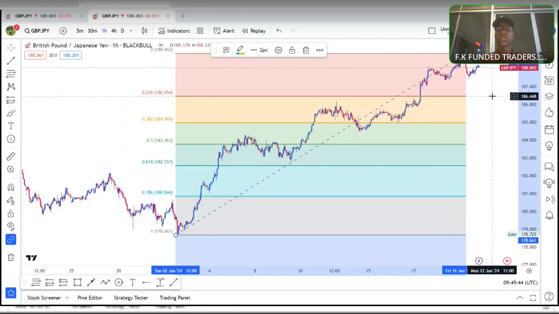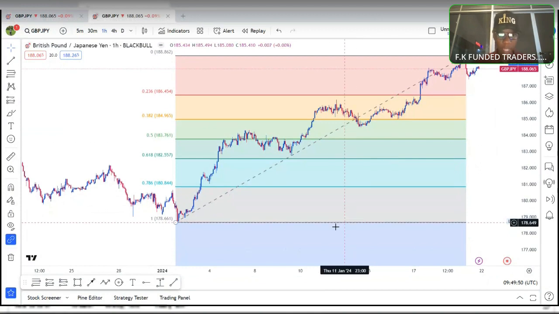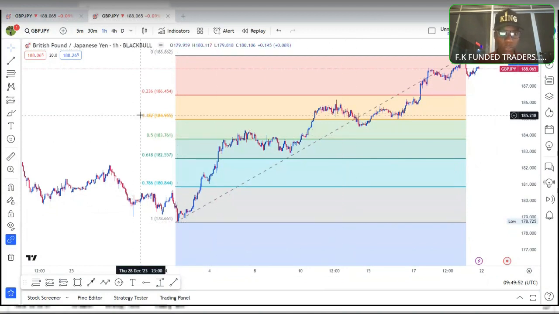The levels that we are talking about are these numbers you see. We have 0.23, then 0.382, then 0.5, 0.618 and 0.78.